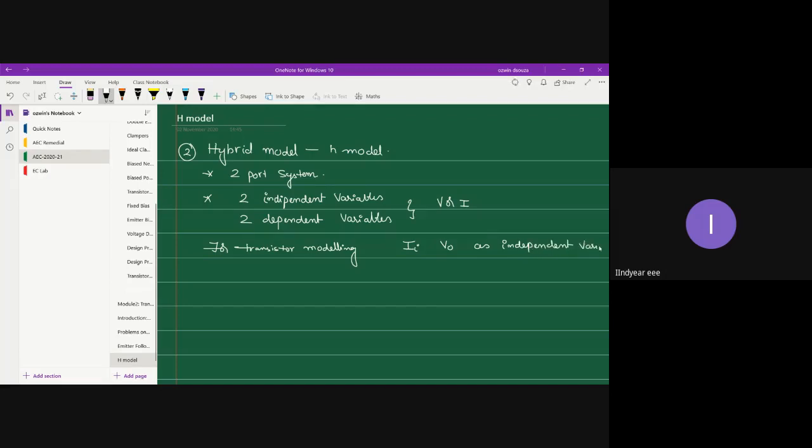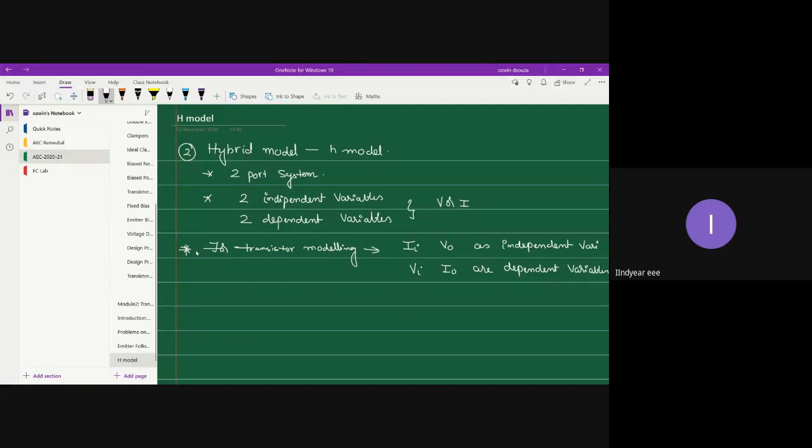So for transistor modeling, we take input current and output voltage as independent variables. That means input voltage and output current are dependent variables. That is the first assumption we make while carrying out the hybrid model.